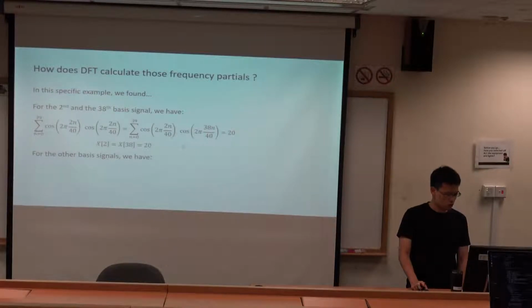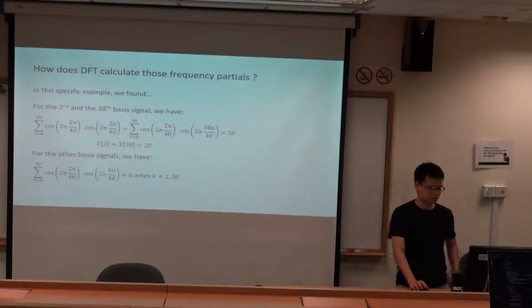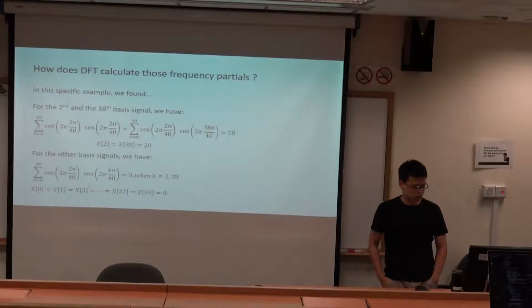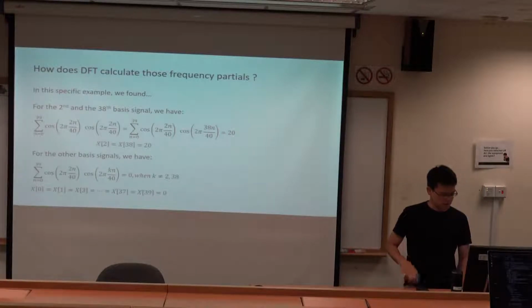And for other basis signals, that means when k does not equal 2 and 38, they are all 0. I mean, for this specific example. So all these values are zeros. And if we plot the capital X array, we get a figure like this.